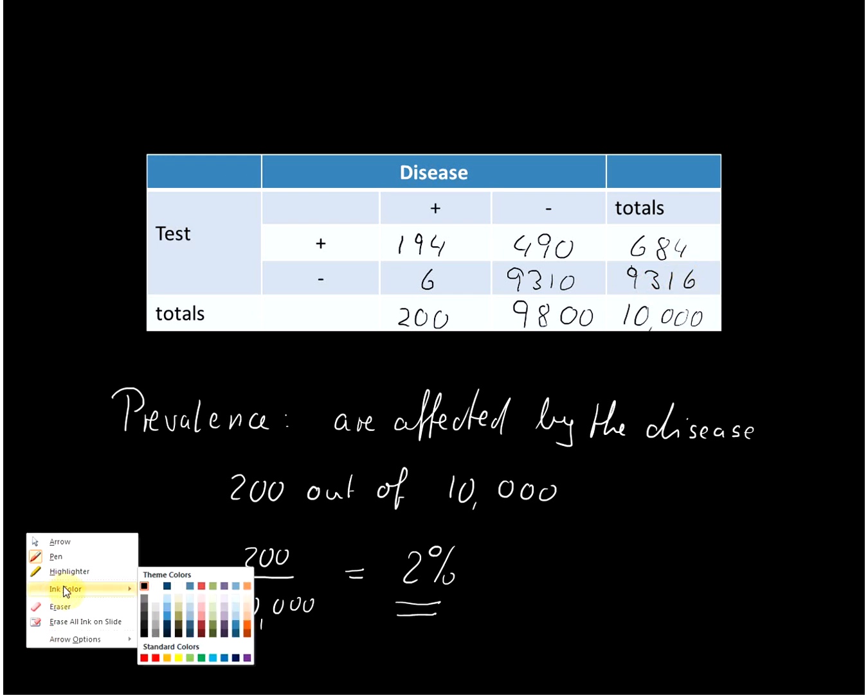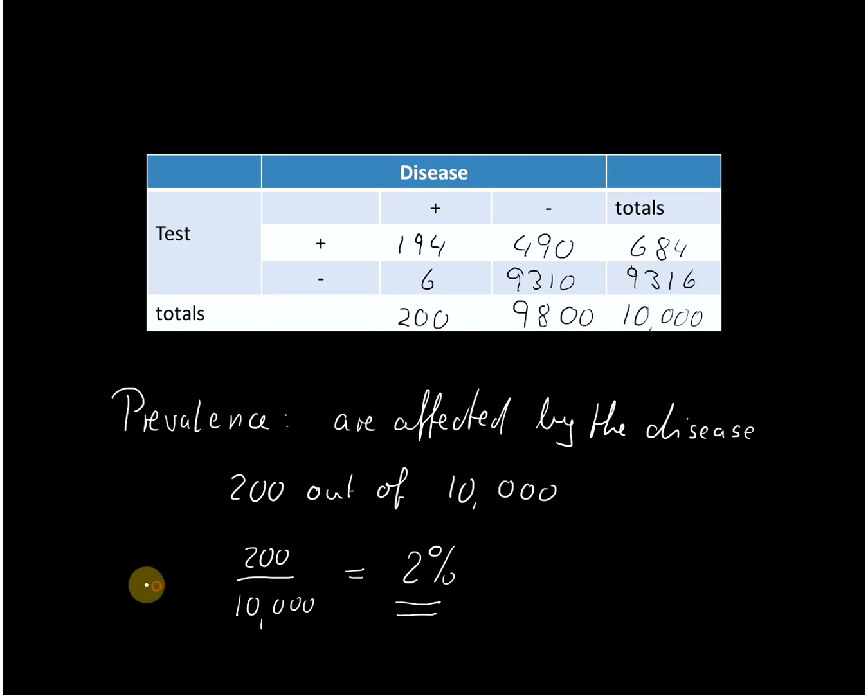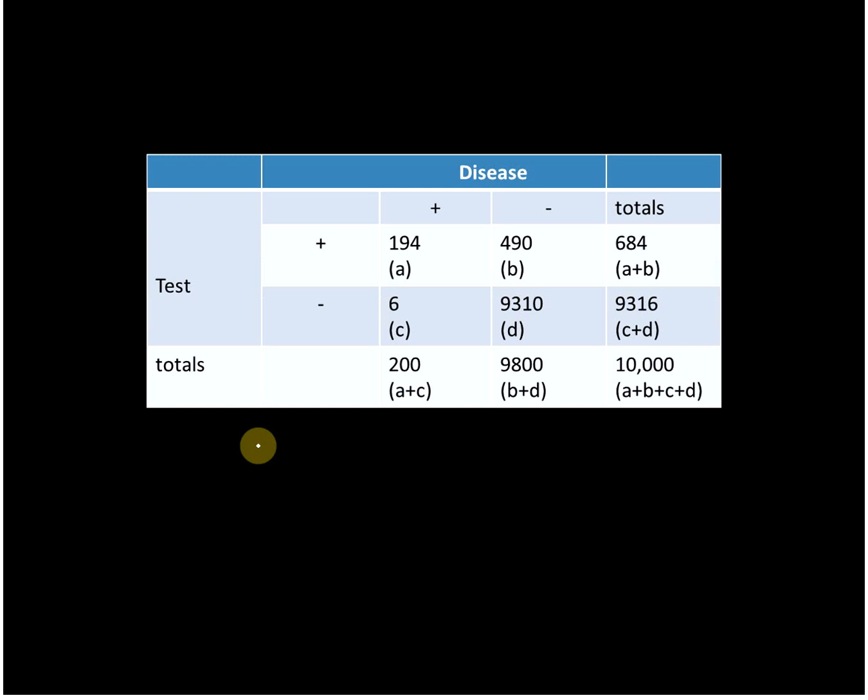Right, now let's have a look at the other test parameters. So here I've typed up the numbers, hopefully correctly. And let's talk about what is called the term of sensitivity.